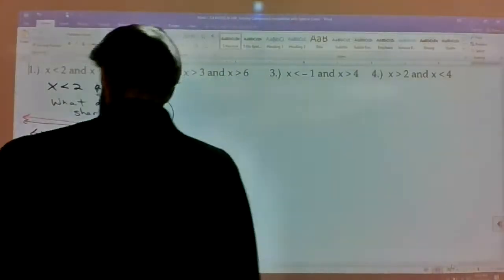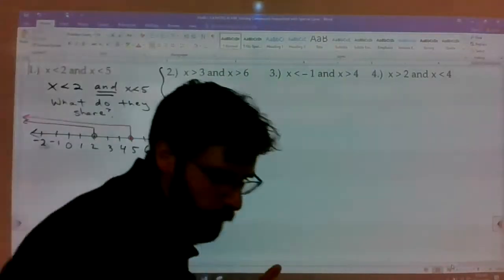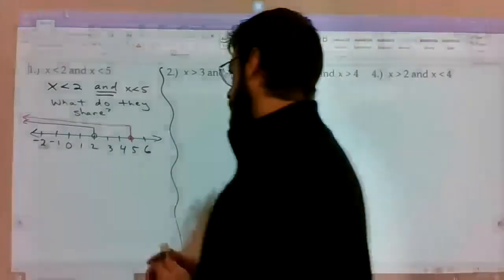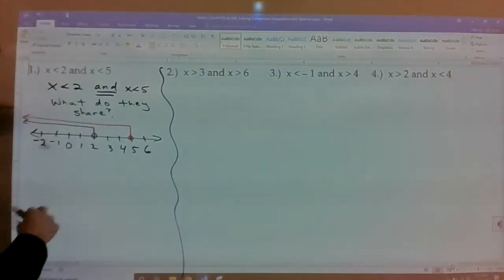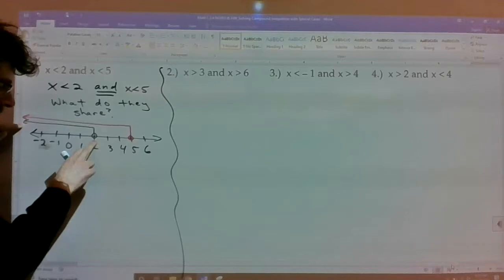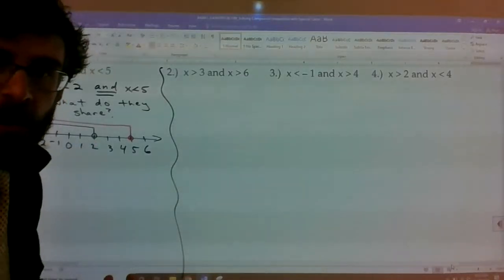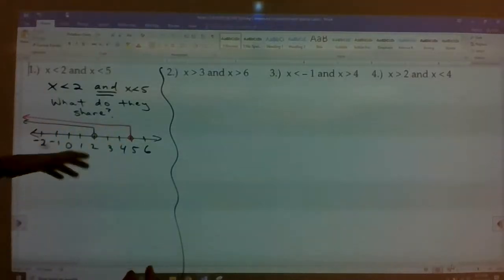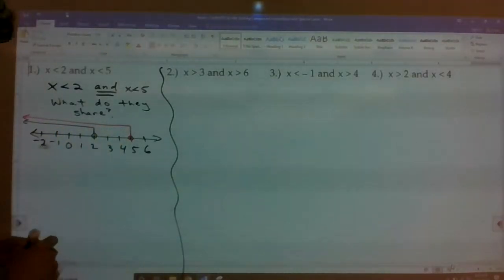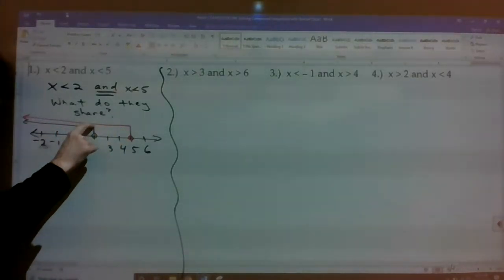So the question is, what do they share? Well, it's the space that both the red graph and the black graph occupy. Where do both red and black number lines or solution sets exist? Well, you see where they're both double here?